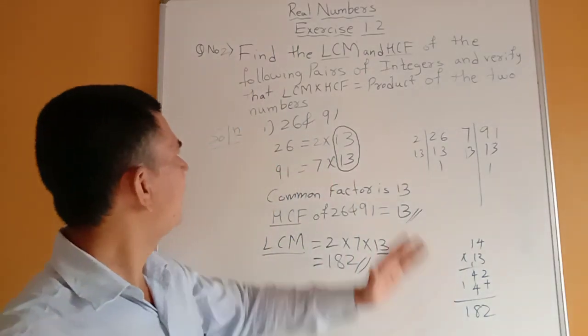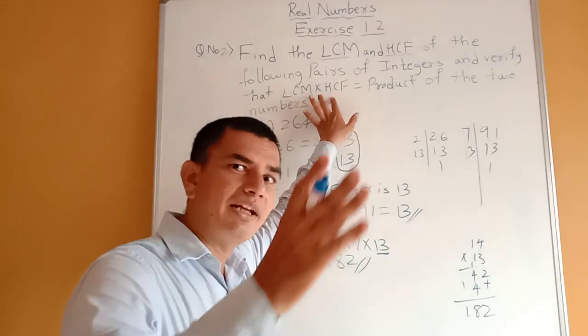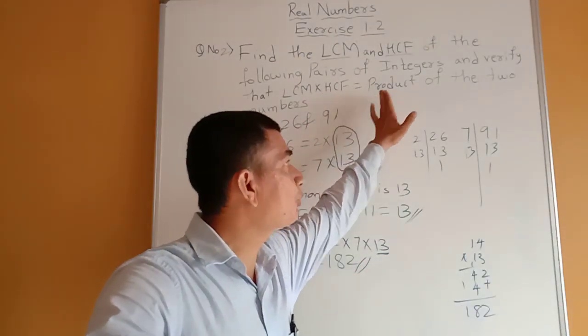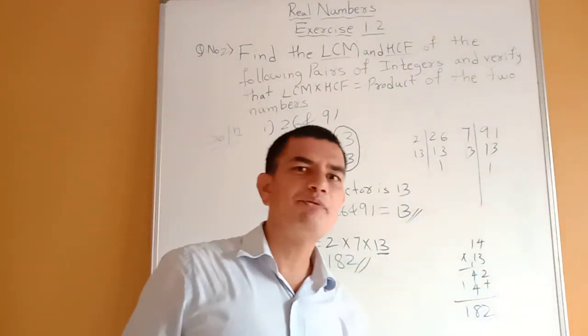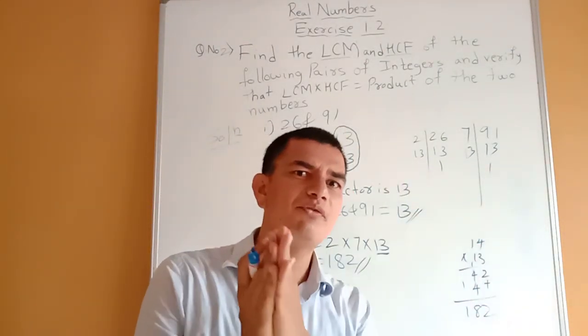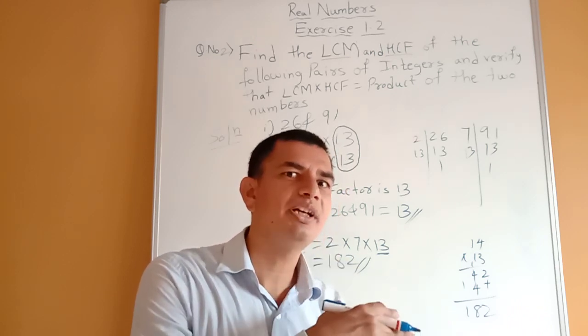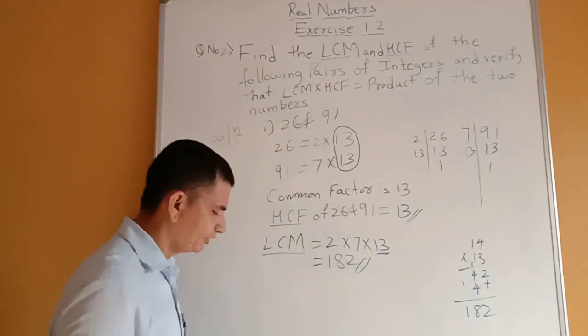What we have to verify is LCM into HCF. After multiplying the LCM answer and the HCF answer, we have to compare it with the product of the two given integers. If you multiply LCM into HCF, it should be equal to the product of the two numbers. Okay, let us see, is it there or not.